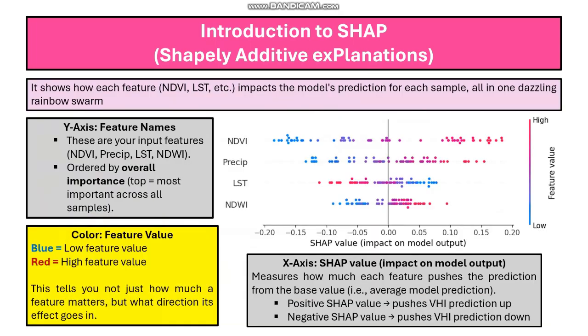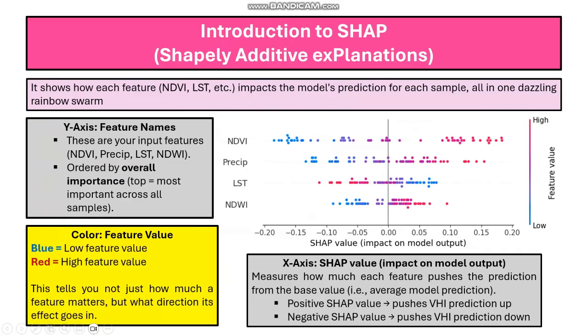This is a practical example. I used Google Colab to generate a dummy SHAP analysis for a drought prediction model. You can see how each feature like NDVI and LST impacts the model's prediction for each sample, all in one dazzling rainbow swarm. On the x-axis, you can see how much each feature pushes the prediction from the base value, which is the average model prediction.